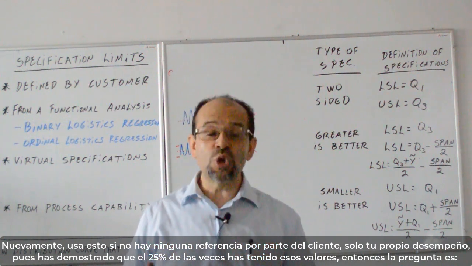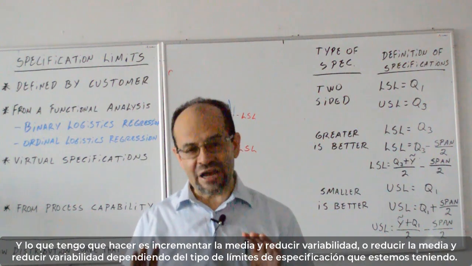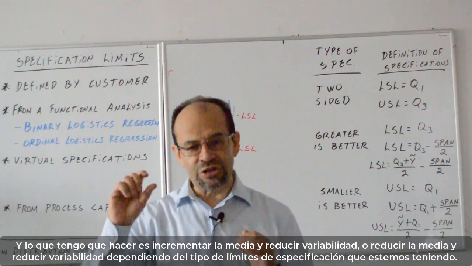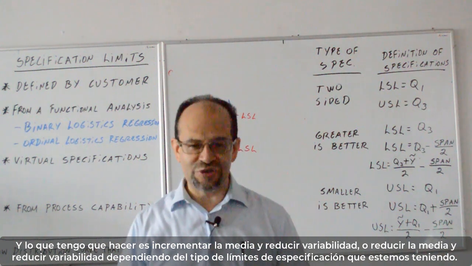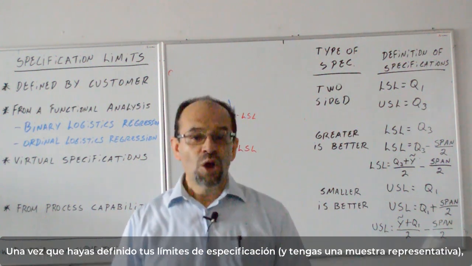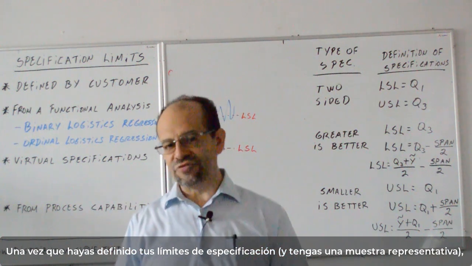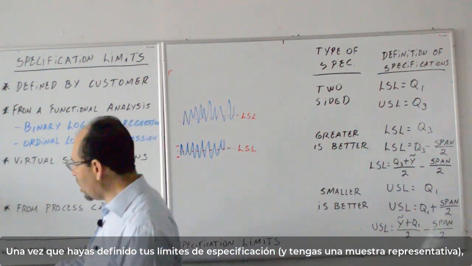Then the question is, why not more frequently? And what I have to do is to increase the mean, reduce variability, or decrease the mean, reduce variability, depending on the type of specification limits that we are having. Once that you have defined your specification limits, well, you are ready.